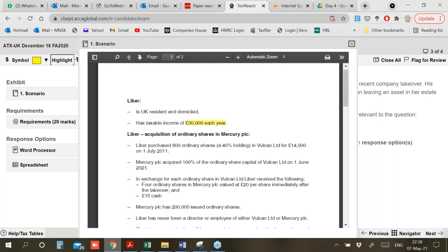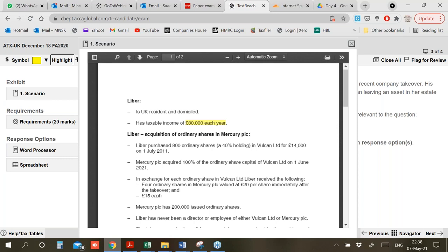LIBOR acquisition of ordinary shares in Mercury PLC. LIBOR purchased 800 ordinary shares, a 40% holding in V Limited, for 14,000 on 1st July 2011. So LIBOR originally purchased the shares in V Limited and it was a 40% holding, 800 shares. MPLC acquired 100% of the ordinary share capital of V Limited on 1st June 2021. So obviously LIBOR, being the shareholder of V Limited, will now have become the shareholder of MPLC because MPLC has bought V Limited.